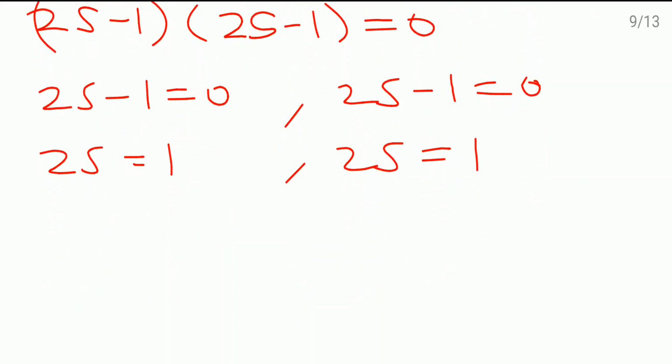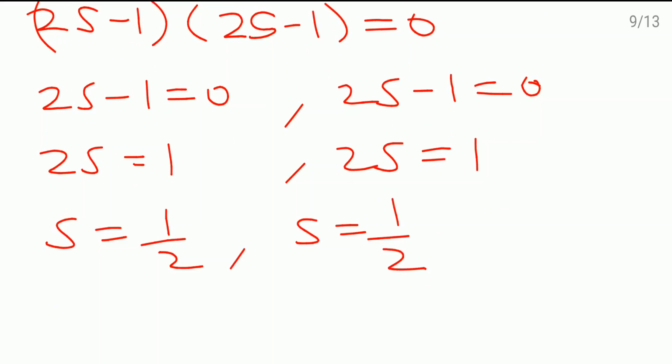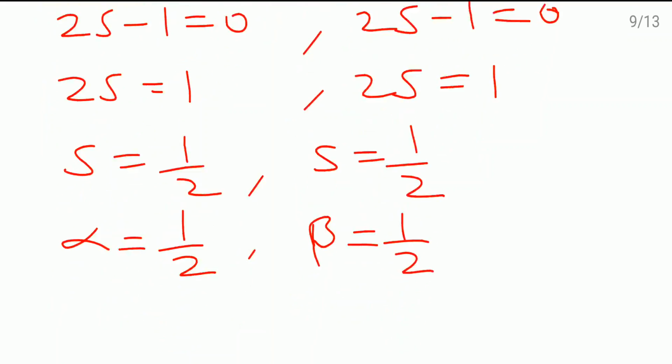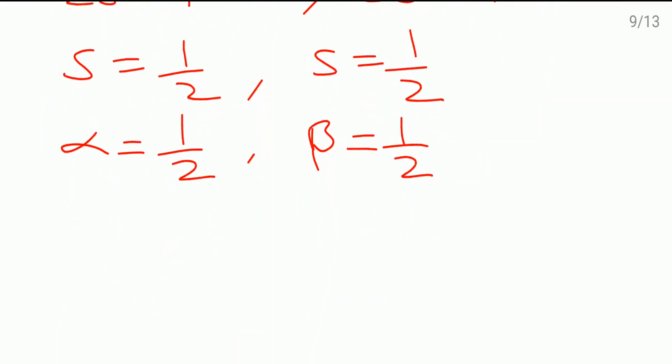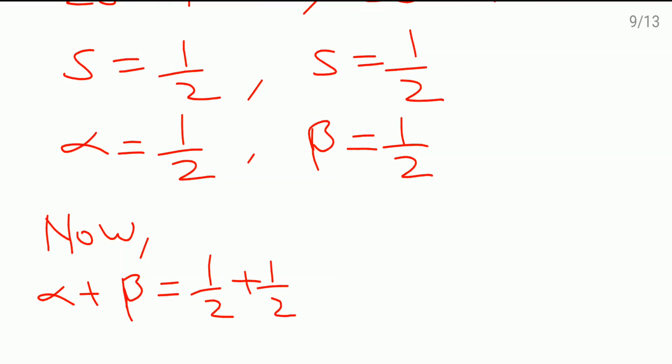Look at this now. S is equal to 1 by 2, and here also s is equal to 1 by 2. So the first 0 we'll call alpha, and the second 0 we'll call beta. Now we'll show the relationship between the zeros and the coefficients. Now alpha plus beta is equal to 1 by 2 plus 1 by 2, which comes as 1.